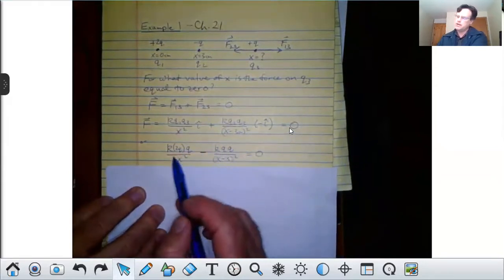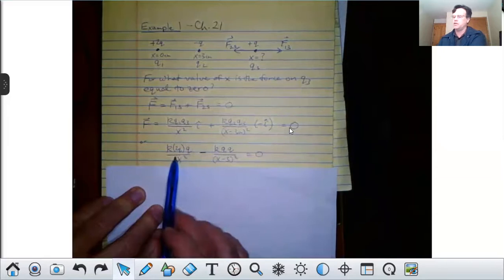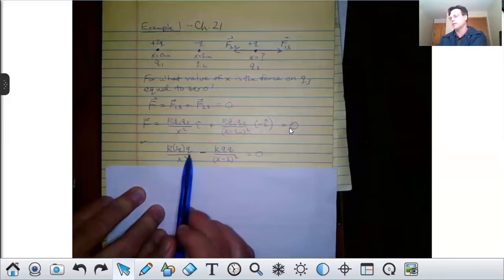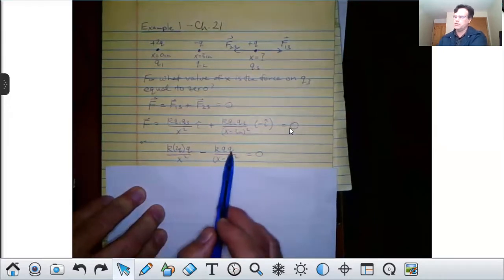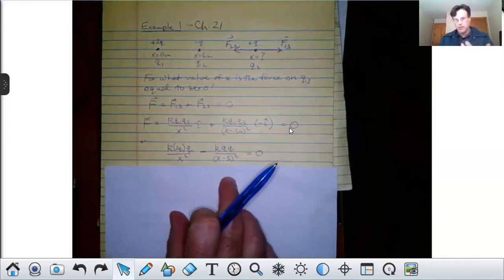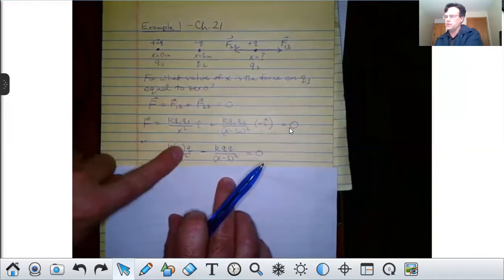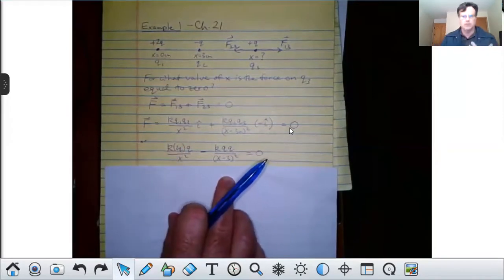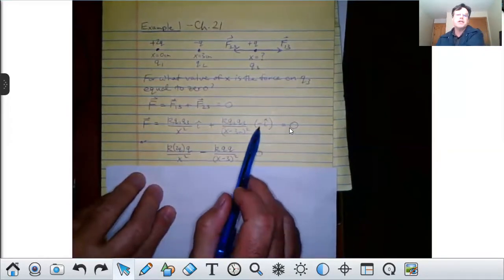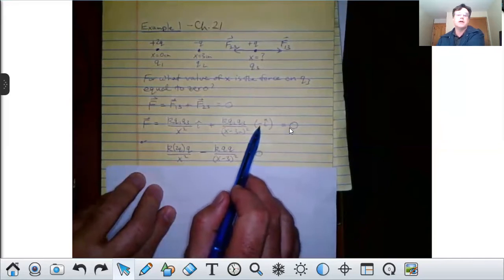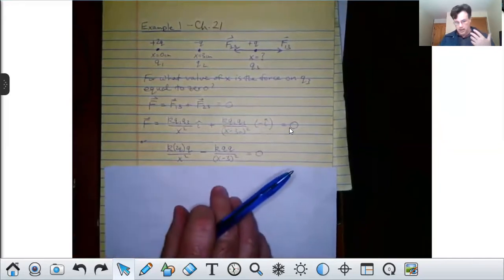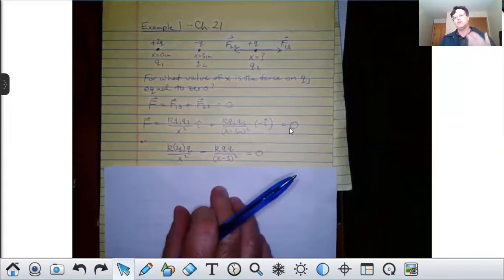So basically, I end up with this equation, right? And I've plugged in 2Q for Q1, Q for Q2, and Q for Q3. Be aware, in this case, I don't have to put in negative Q for Q2. I've already taken into account the direction by making this negative i hat sign here. So in Coulomb's law, once I've determined the direction, I don't need to put in the sign of the charge.